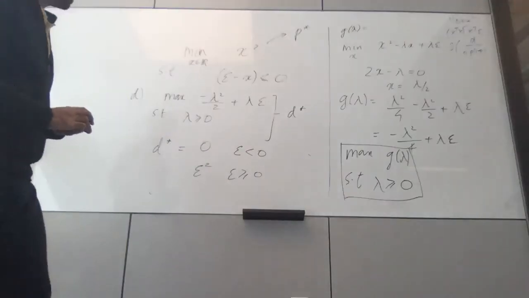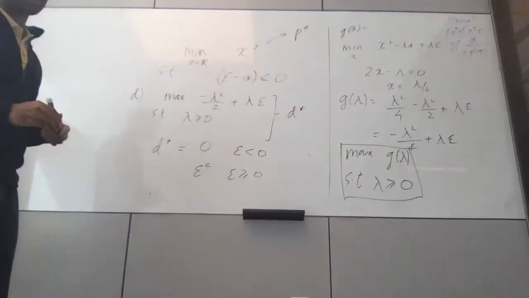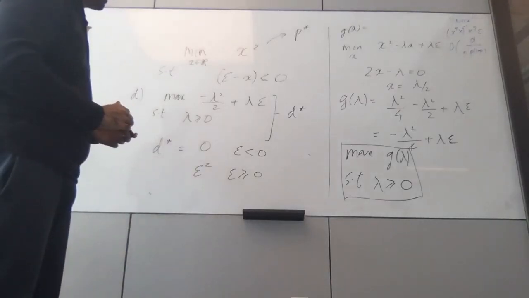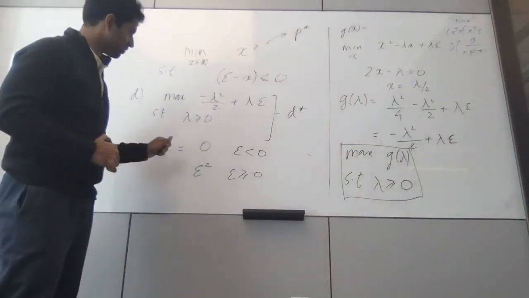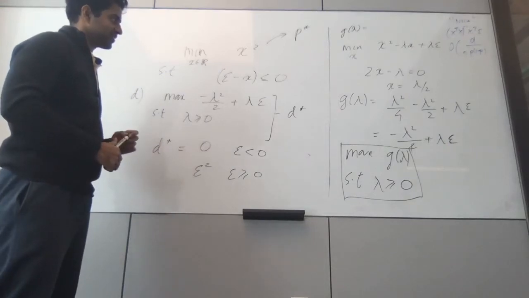So you took the derivative with respect to lambda. Oh yeah, it did. Sorry, I just miscalculated. Oh no, that's okay. So why is D star equal to 0 when epsilon is less than 0?